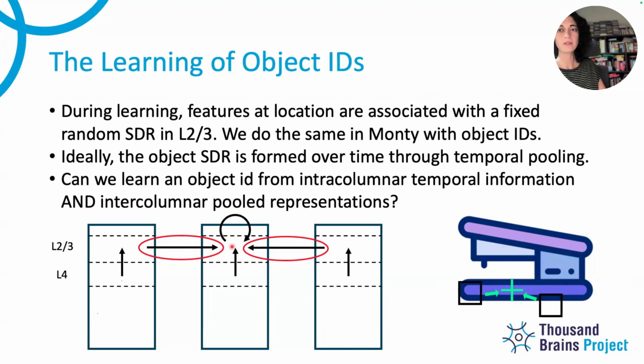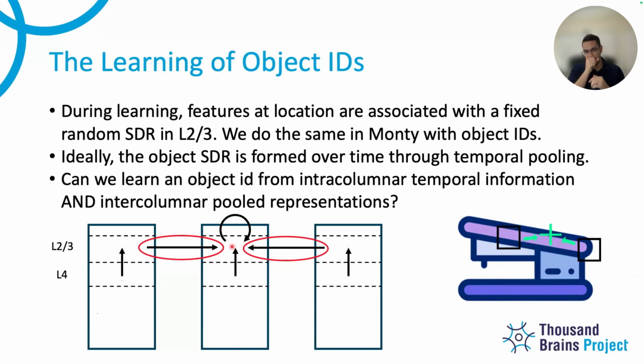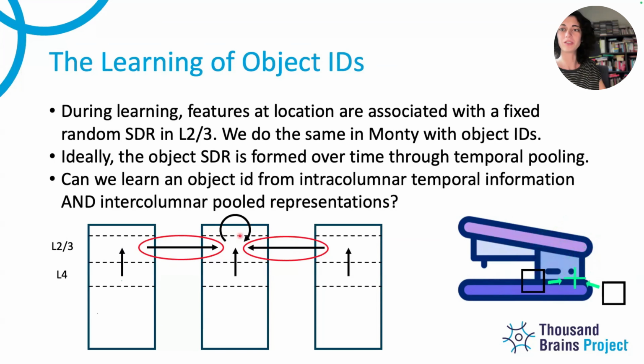I mean, I think it's a good point that during voting, the receiving column can make some inference on the shape of the object based on which columns it receives the same object ID from.